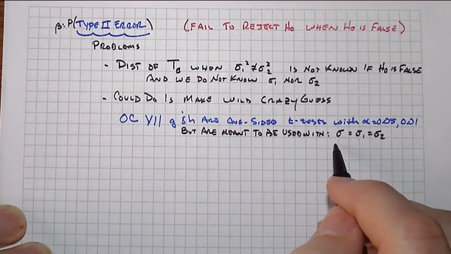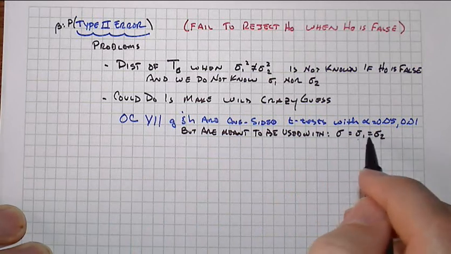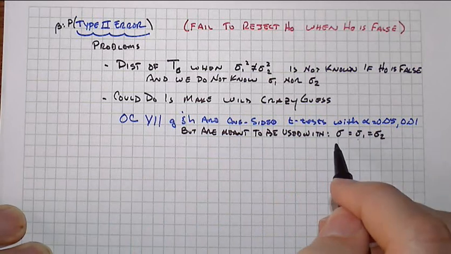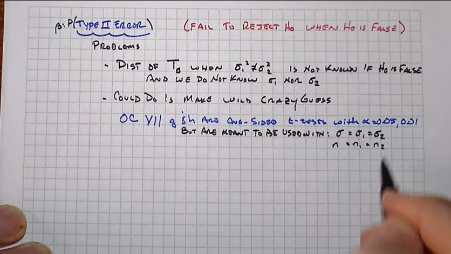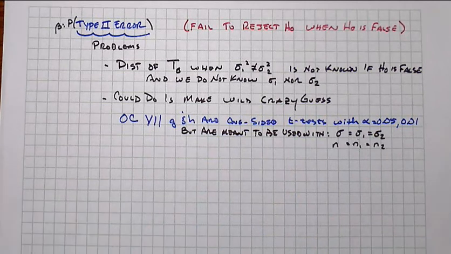Now we might be able to accept that maybe they are the same even though they're not known, but the other condition is that our sample sizes are the same. Right, and they weren't in this case.